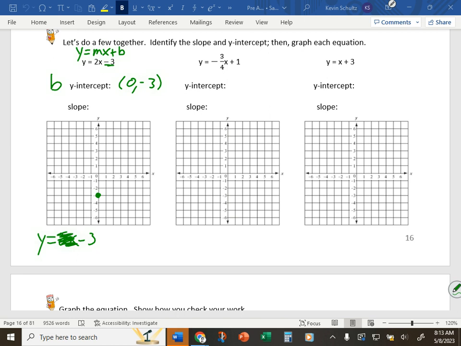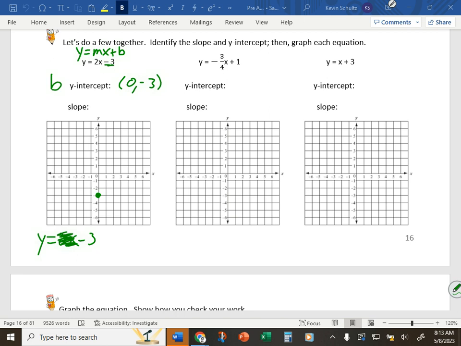There it is right there. So it works because, we don't have to do this math. We can just look at the b value and see that's where it crosses. But the reason why it works goes back to the definition of a y-intercept, and that when x is 0, that term gets eliminated, and we're just left with negative 3.